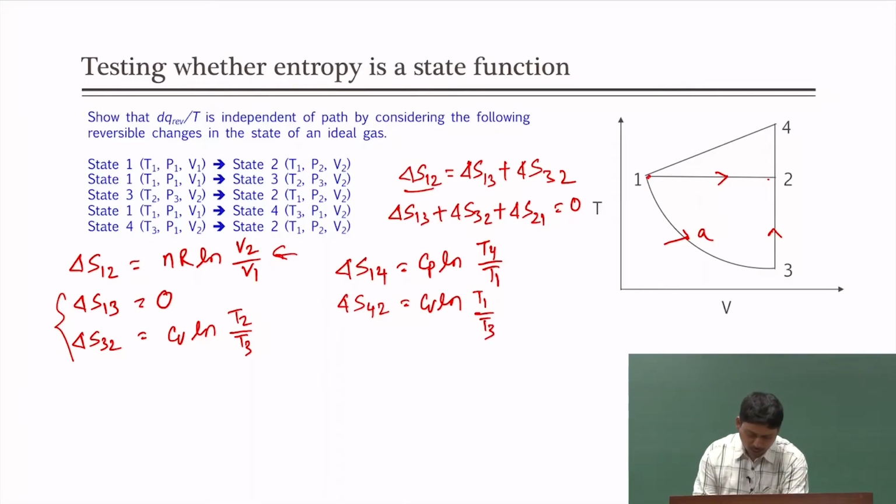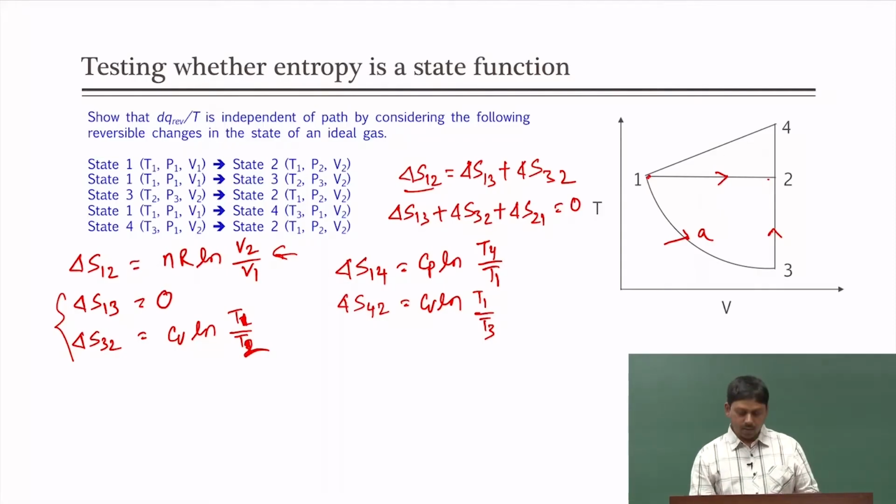For S12, volume is changing from V1 to V2, that is fine. For S32, temperature is going from T2 to T1, so it will be T1 by T2.